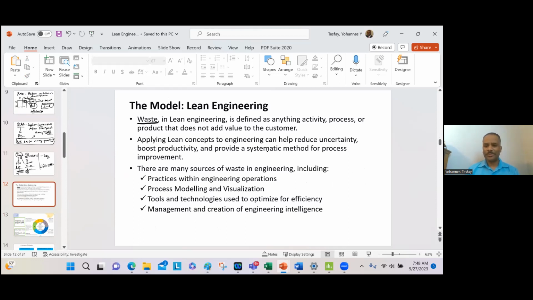What's the meaning of waste? What is waste? Unnecessary material, material scrap.